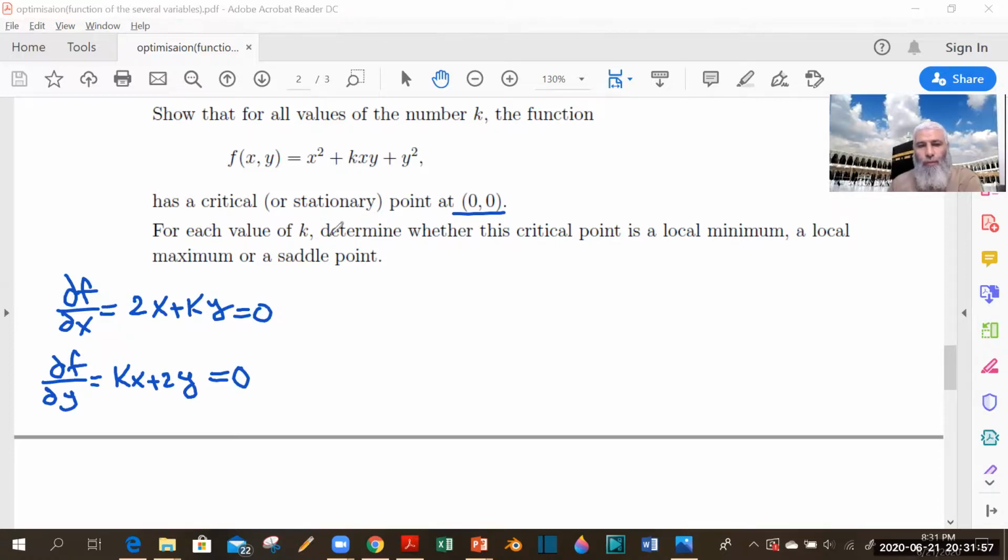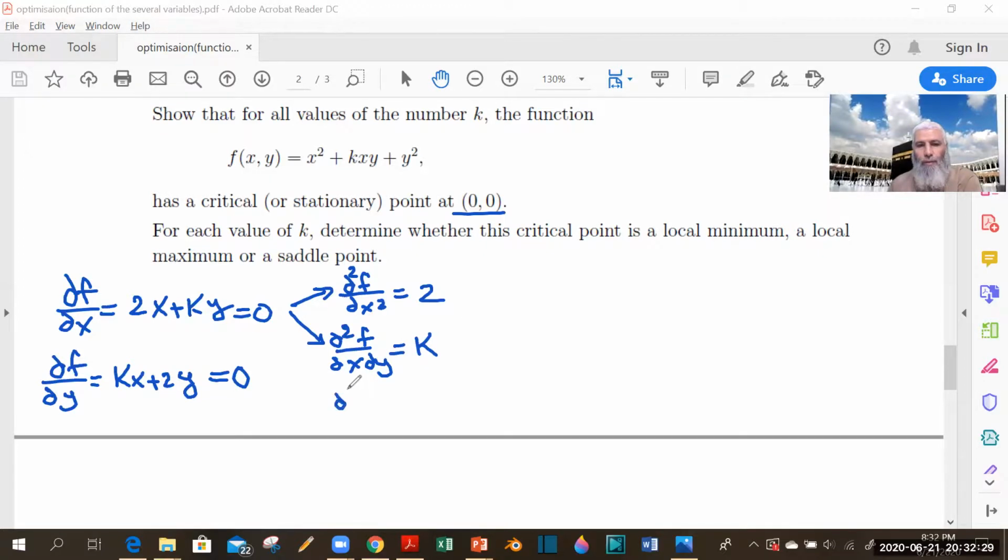For each value of k, determine whether this critical point is a local minimum type. Let's make the d2f/dx squared equal what? It equals 2. And d2f/dx dy equals just k.